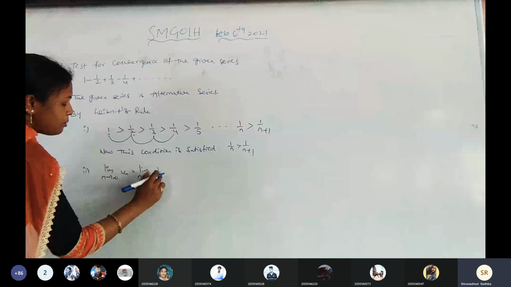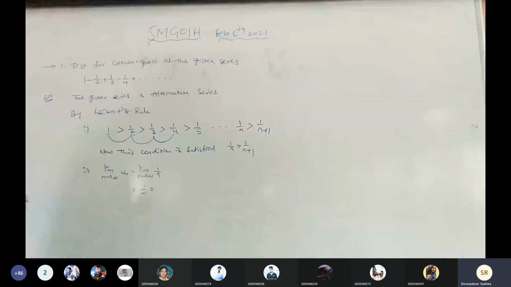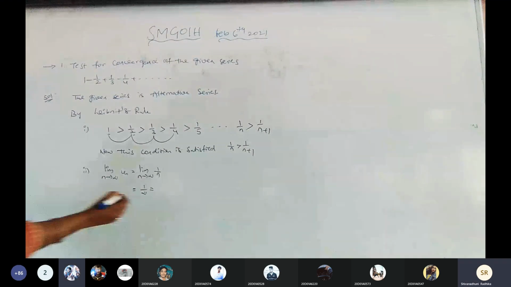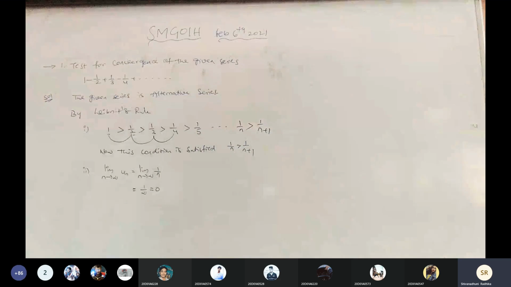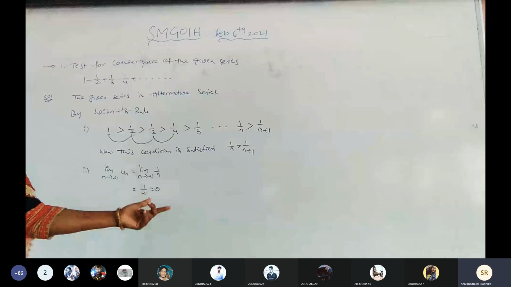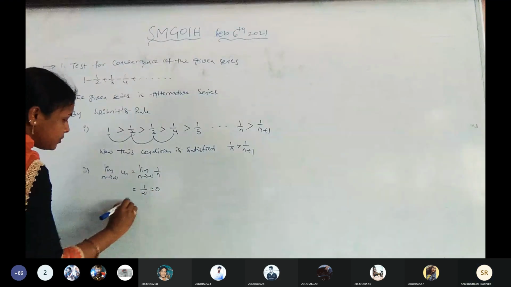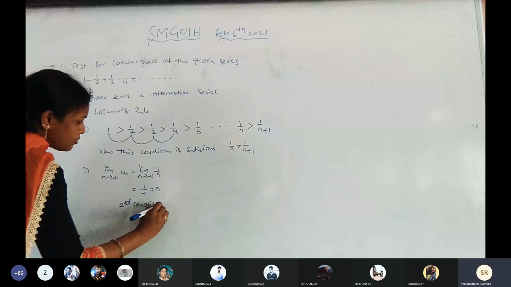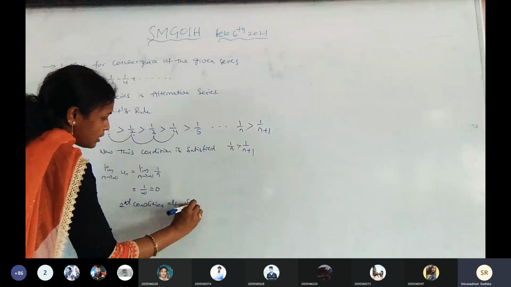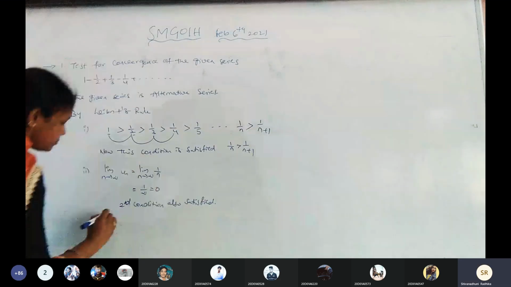Substituting, 1 by infinity is 0. What is the second condition of the Leibniz test? When we apply the limit to the nth term, we get 0. Here we are getting 0. The second condition is also satisfied.